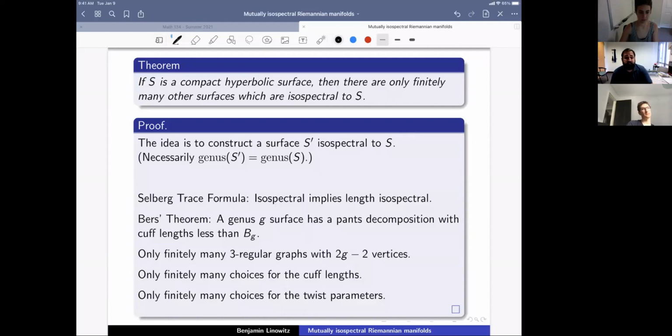The idea of the proof in broad strokes is we're going to construct a surface S prime that is isospectral to S, and see that there are only finitely many possibilities for all of the choices we have to make. Just note that the genus of any 2 isospectral surfaces is the same.